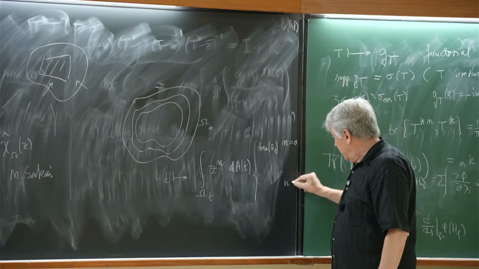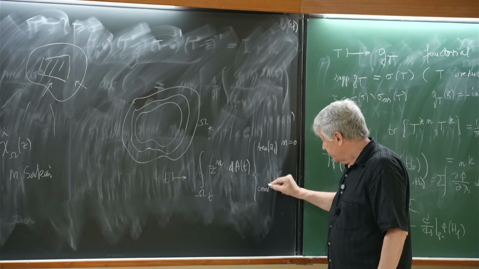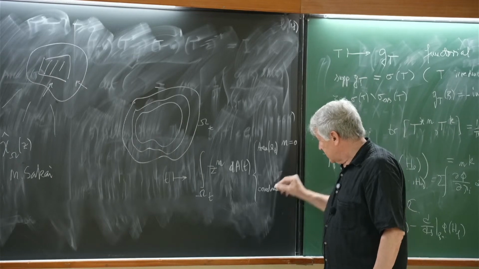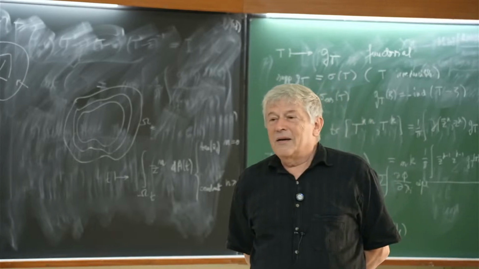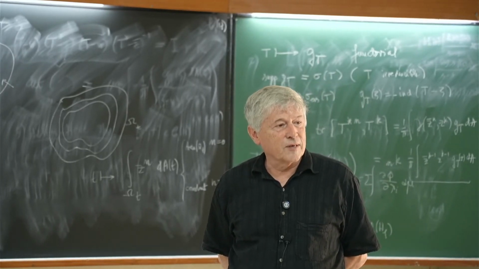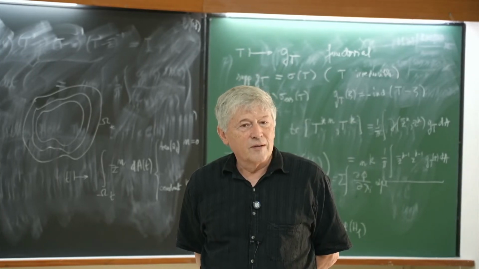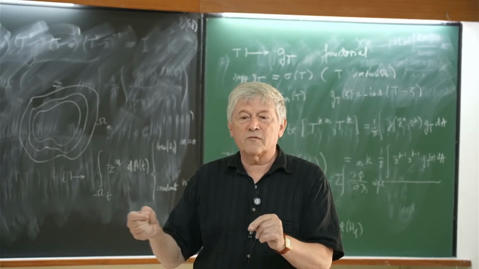If n is bigger than 0, they are constant. This was the discovery of Stan Richardson in the 70s. And so it's a dynamics which has a sequence of independent conserved quantities.